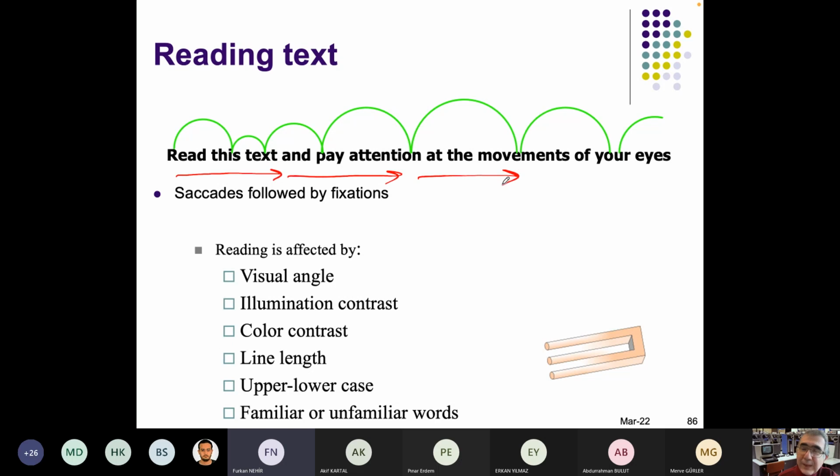But actually our eyes don't move continuously like a scanner. They move, stop, move, stop, move, stop, move, stop, and so on. So there are some fast movements and then stops.